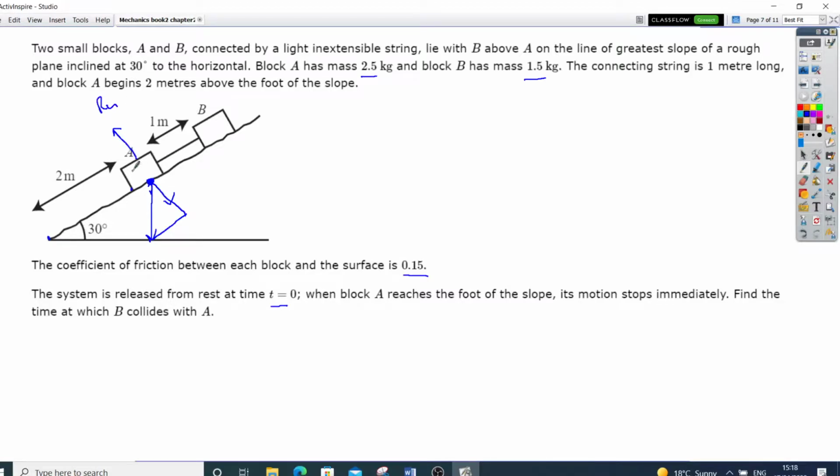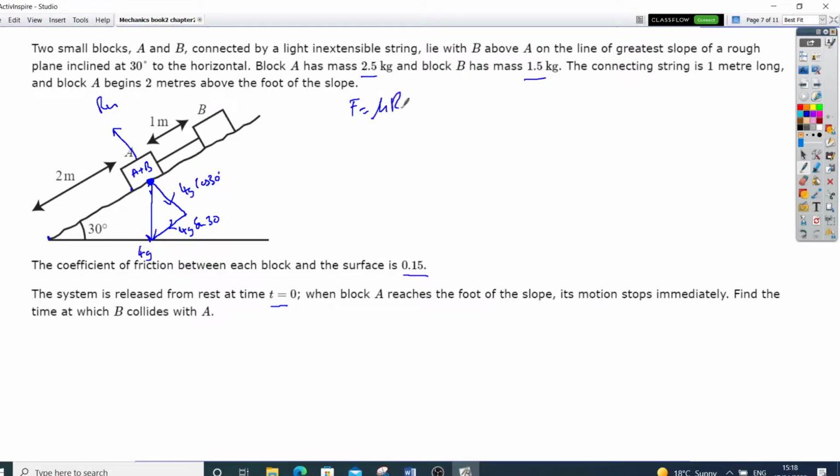So this is a combination of A and B, so the weight is going to be 4g, so that's going to be 4g cos 30 degrees and 4g sin 30 degrees going that way, down the slope.